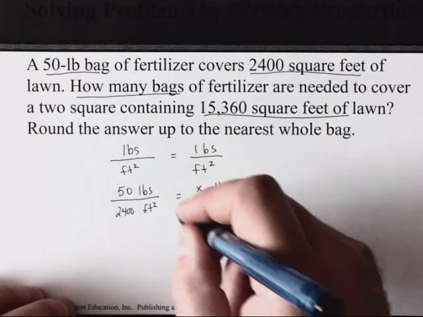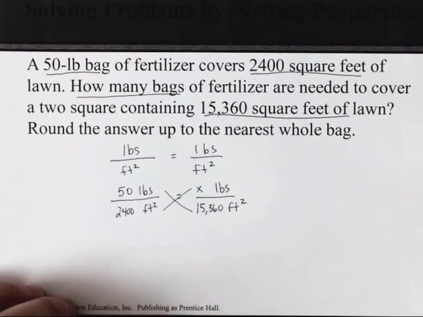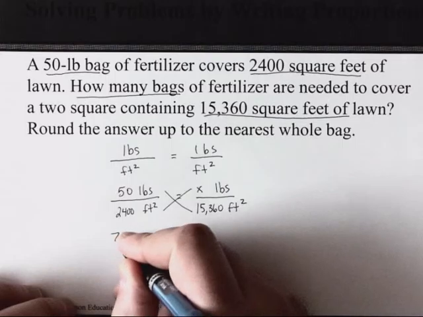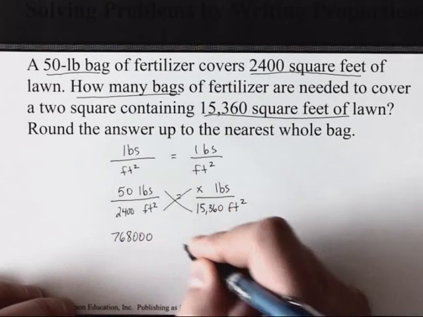So once again, cross multiply. So 50 times 15,360, I get 768,000.